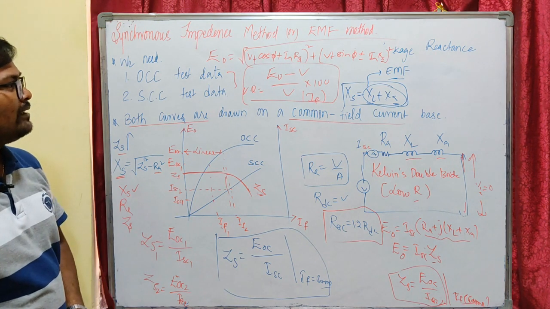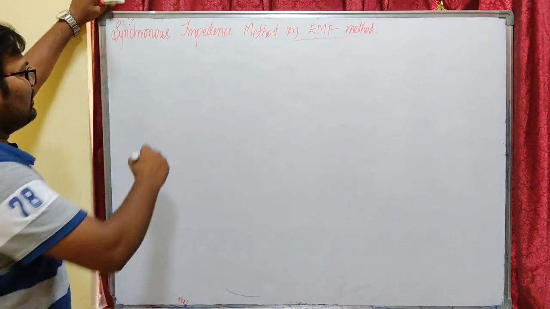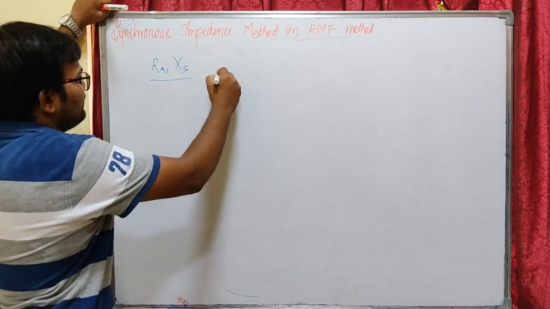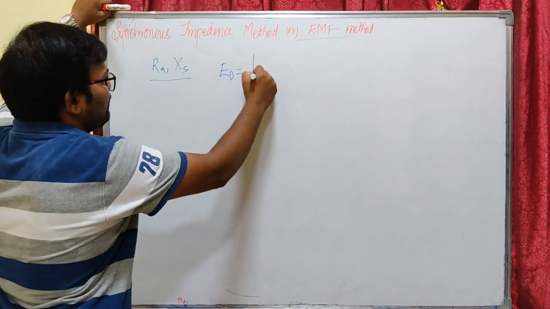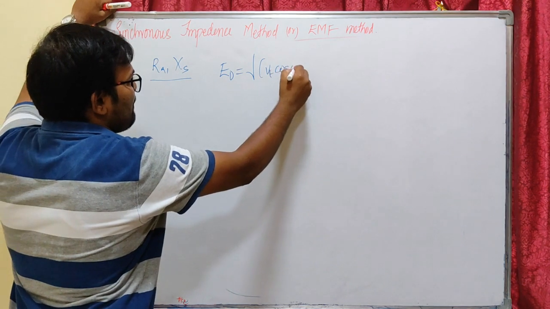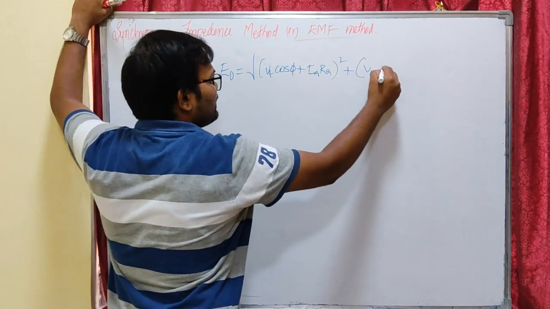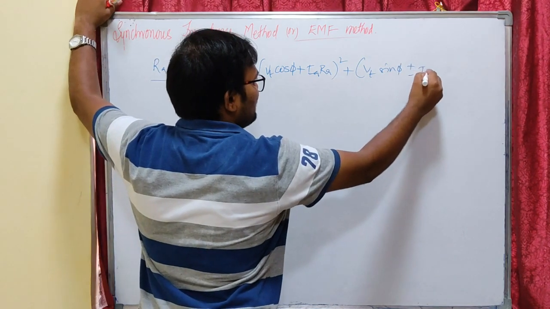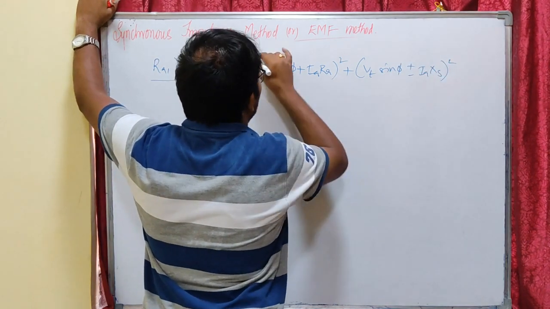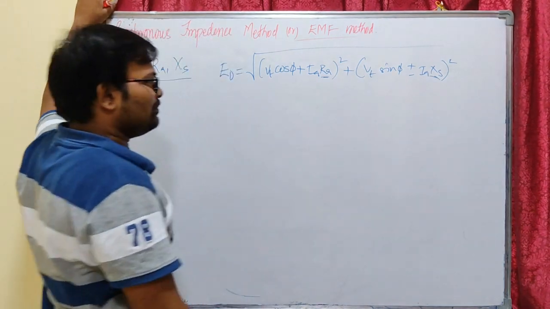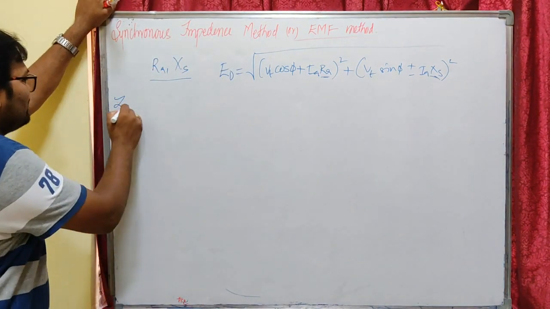Here, by using the data of RA and XS, we can find our E naught, which is equal to the square root of (VT cos phi plus IA RA) whole square plus (VT sin phi plus or minus IA XS) whole square. We obtained RA from the V by A method and XS from the synchronous impedance method, that is, we have obtained ZS from the curves.